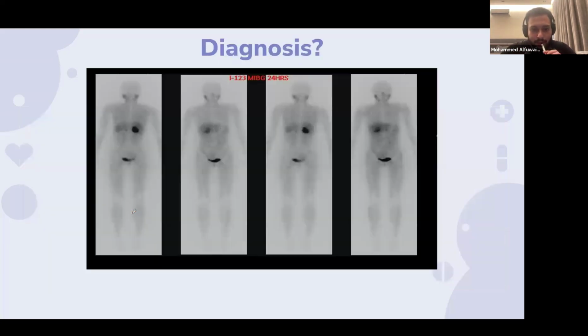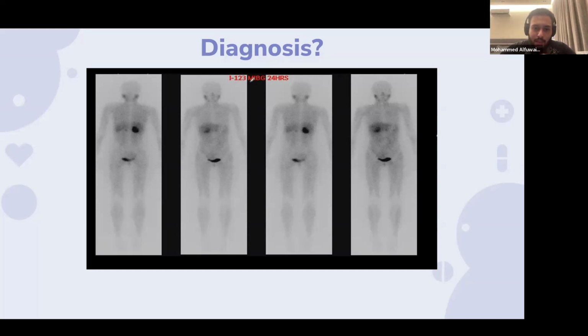Okay. Now you have this one patient who has episodic hypertension, palpitations, sweating a lot. What do they have? Pheochromocytoma. Perfect. Good.